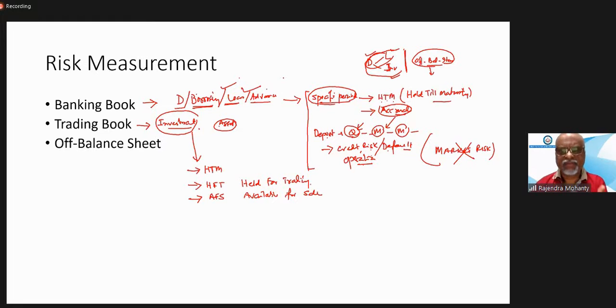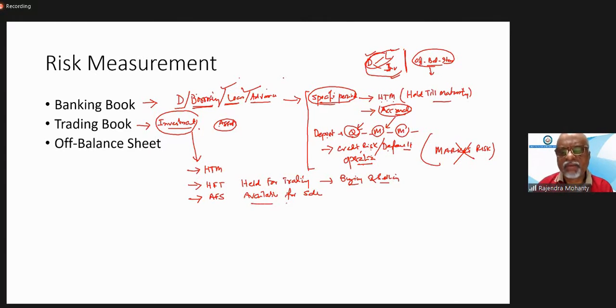So the bank has those assets which are required for trading. Trading means the bank may be buying as well as selling those assets. The bank may buy those assets from the market, or the bank is going to sell them in the market. When both buying and selling of those assets are happening, they are to be put under the HFT category.